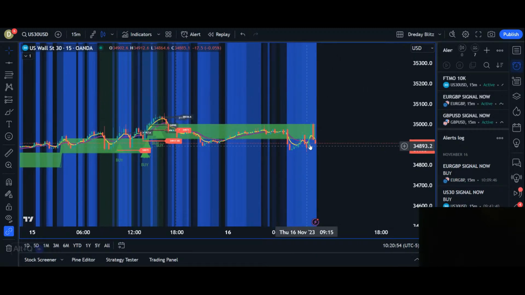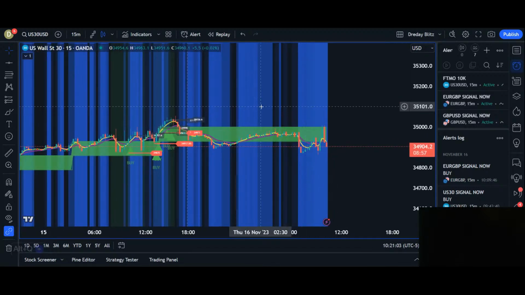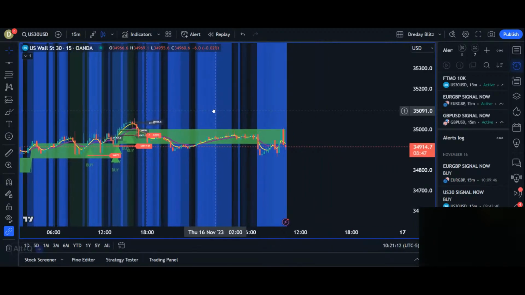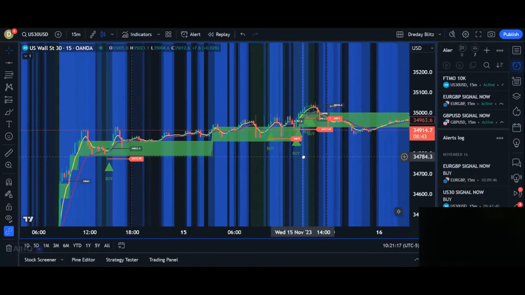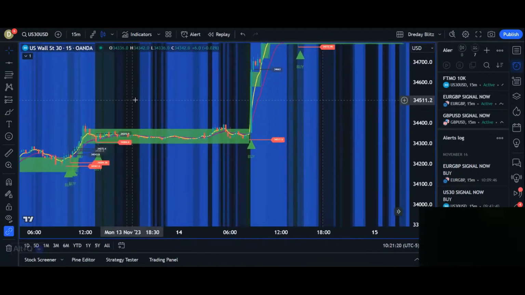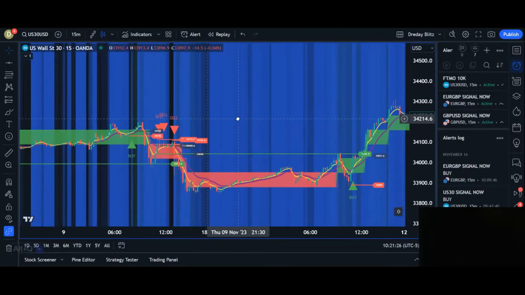If you receive a sell signal on US 30, that means that you have received the signal for the reversal first, right? Because to get a sell signal, the price needs to go to this color. The Renko bar needs to show first and then get the signal.